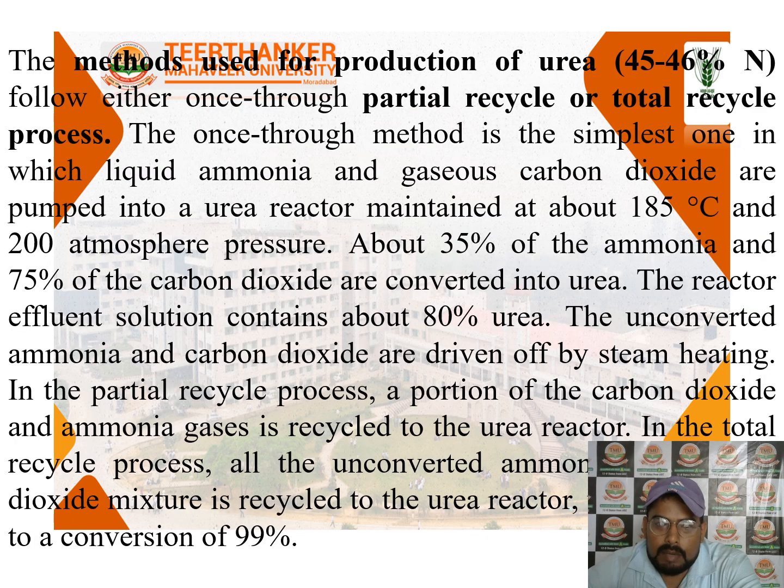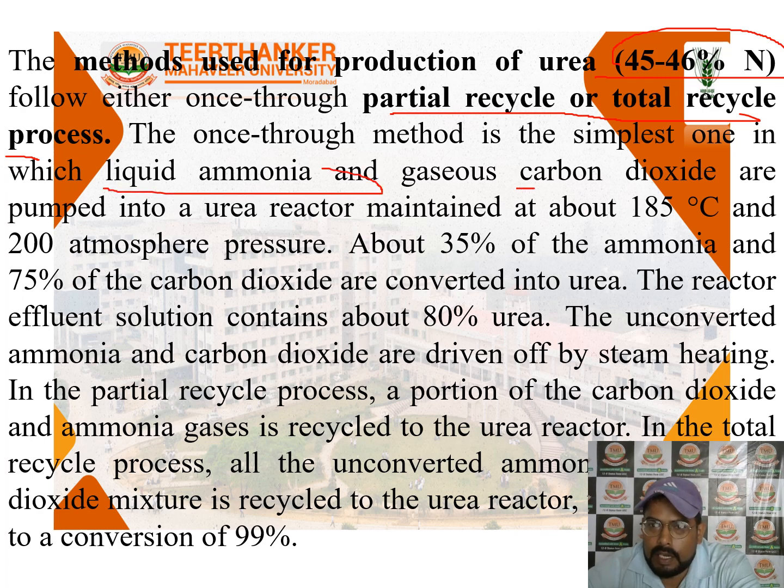Next is the method used for the production of urea, to produce 5 to 6% nitrogen, through once-through, partial recycle or total recycle process. The simplest one is once-through, where liquid ammonia and gaseous carbon dioxide are pumped into the reactor, maintained at 85 degrees centigrade temperature and 200 atmospheric pressure.